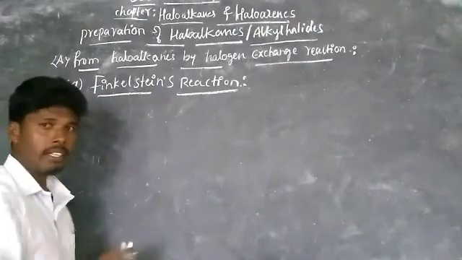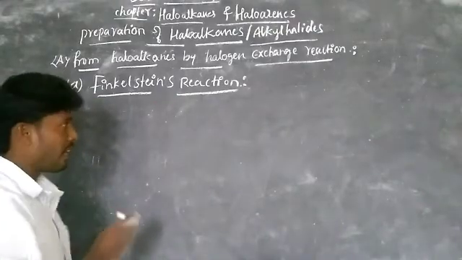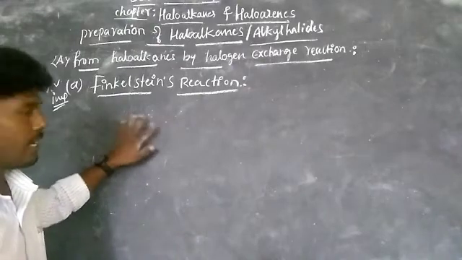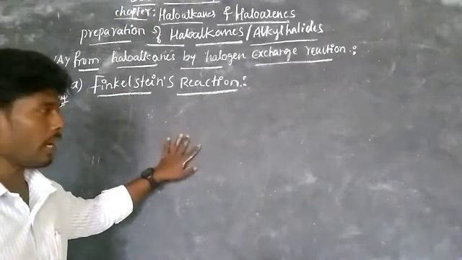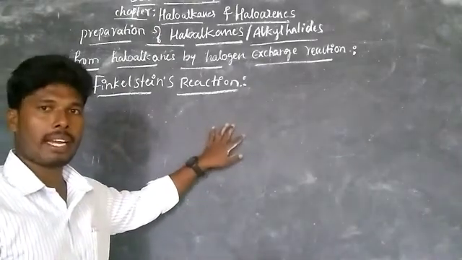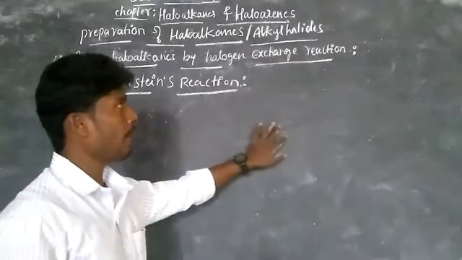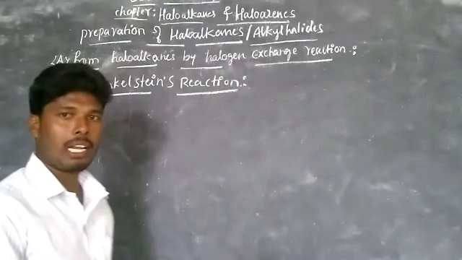The Finkelstein reaction is defined as: alkyl bromide or alkyl chloride is treated with sodium iodide in the presence of dry acetone. It means moisture free acetone. You get alkyl iodide.